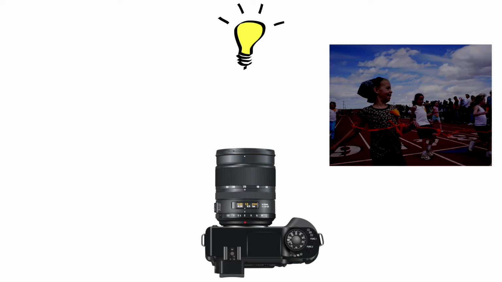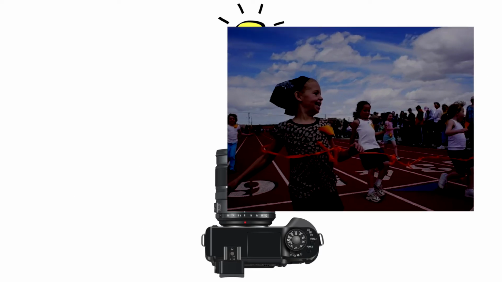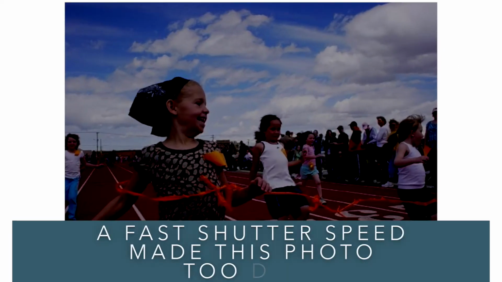Now, always remember that just like ISO and just like aperture, shutter speed controls light into your camera. So when there's a fast shutter speed set, a very small amount of light, it's going to darken your photograph. You will have to make up for that with ISO and aperture settings.